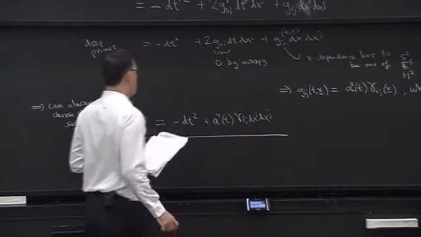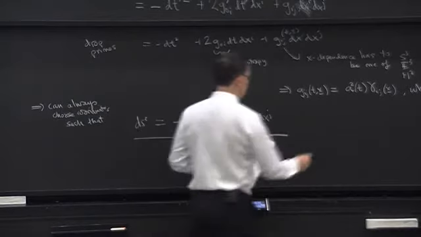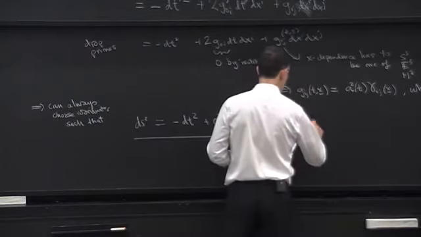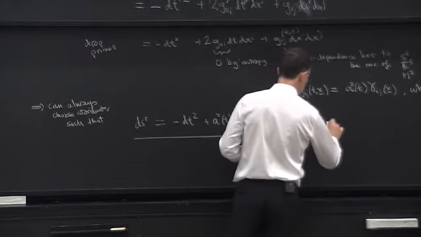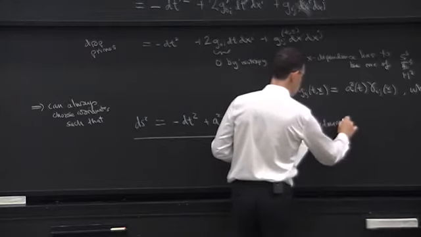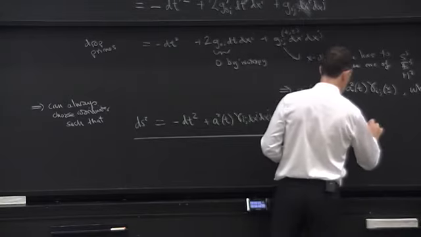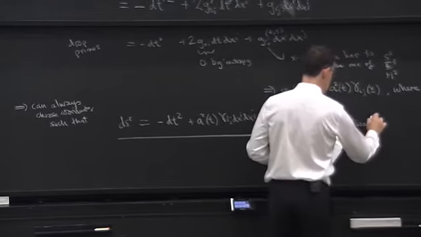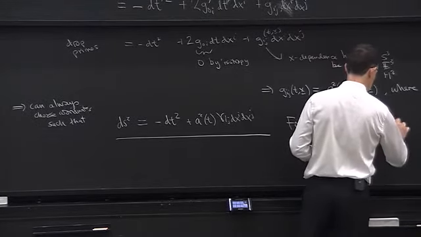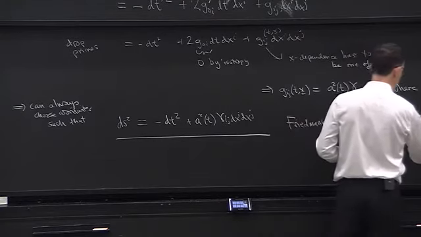And this is called the Friedmann-Robertson-Walker line element.